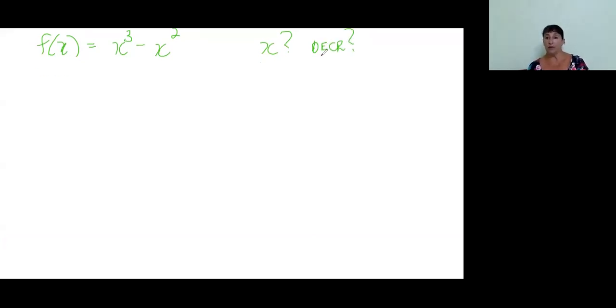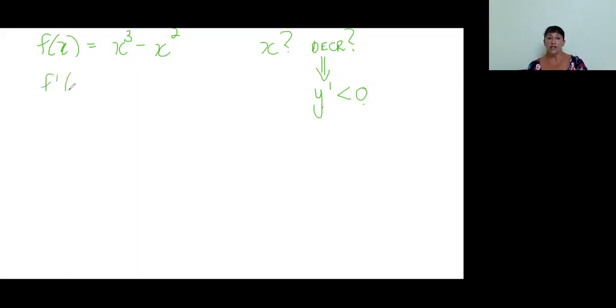Right, so I know from my theory that I showed you earlier that a function is decreasing when its derivative is less than 0. When its gradient is negative. Gradient is derivative, negative is less than 0. Okay?